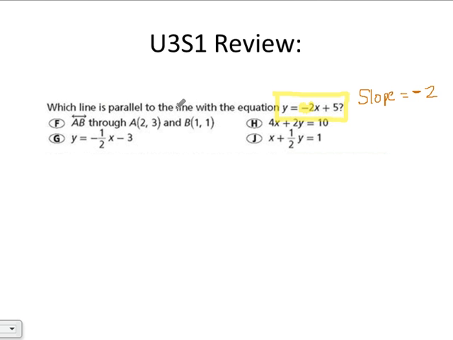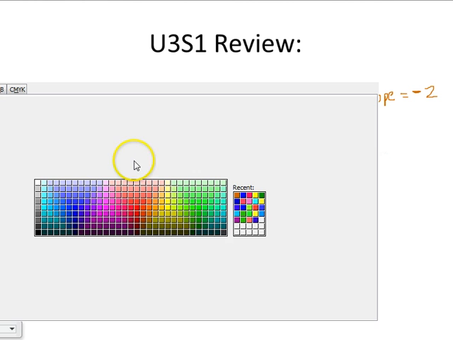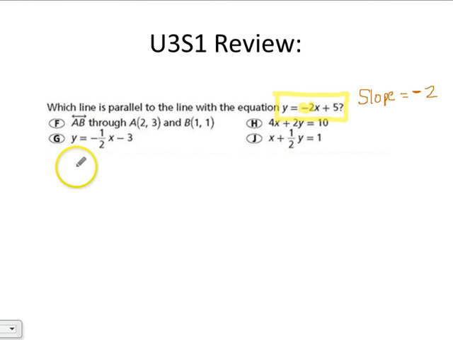Point A has coordinates of 2, 3, and point B has coordinates of 1, 1. If we are given 2 points, we have an equation that we can use to help us find the slope. Do you guys remember that equation? And this is why it's great review. Make sure you're taking awesome notes as you're watching this. Remember, you can click pause so that you can take better notes.